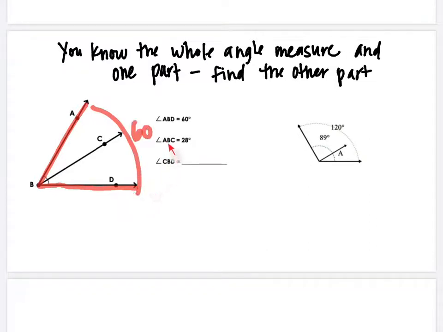So we know the whole, and we also know one part. The other part we know is ABC. ABC is 28 degrees. So we know the whole and we know one part. Can we figure out the other part? Well, yes, we can, because if we take the whole and we subtract that one part, that will give us the missing angle or the missing part.